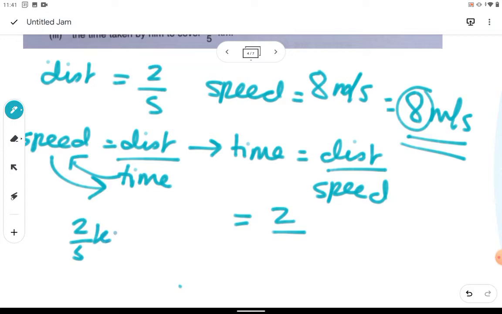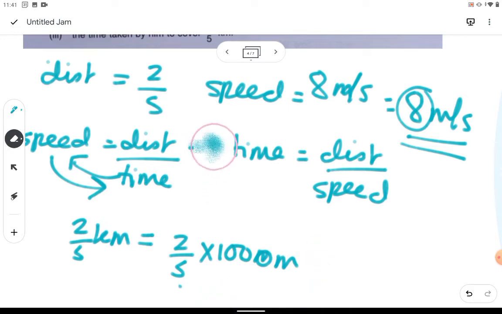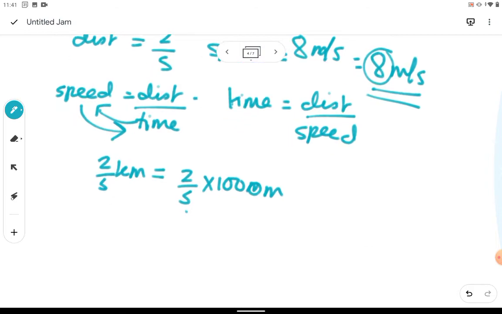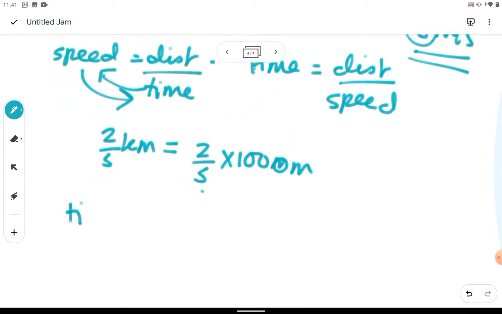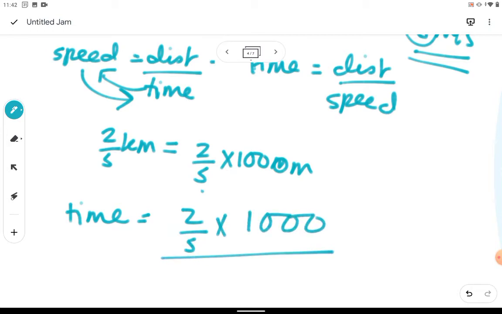2 by 5 kilometer will be equal to 2 by 5 into 1000 meter, right? Alright. So by the conversion we can say time will be 2 by 5 into 1000 by speed 8.